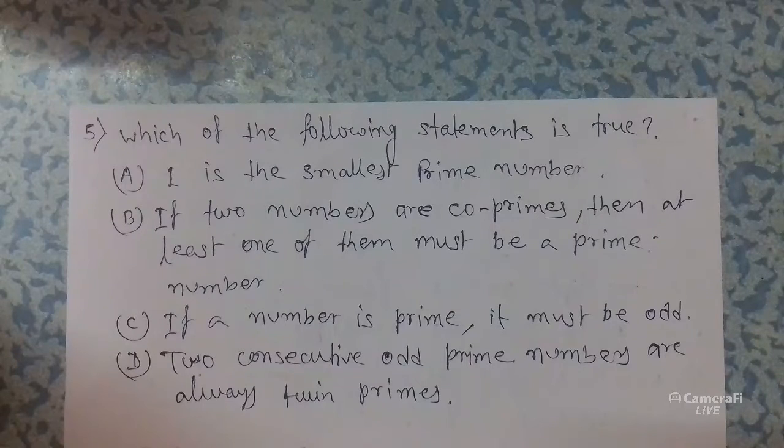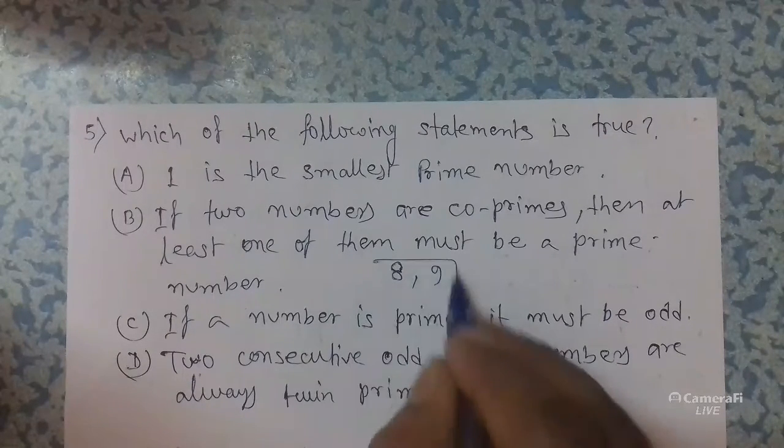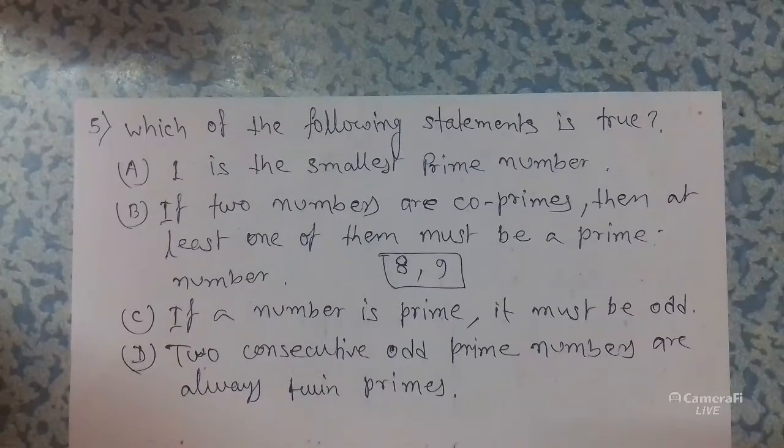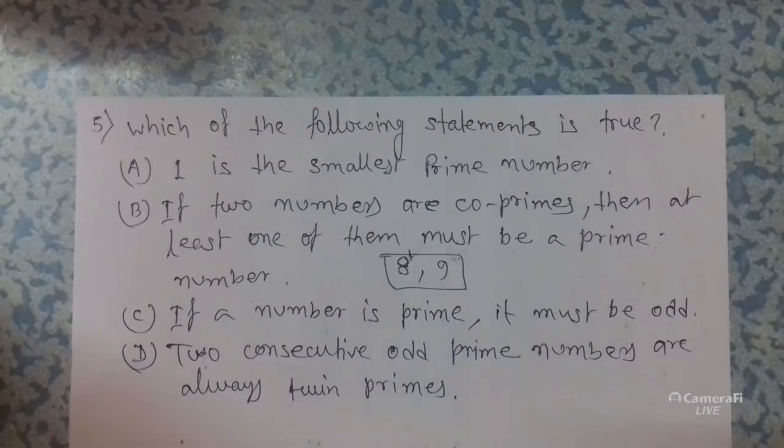Let's check option B. Option B is, if two numbers are co-primes, then at least one of them must be a prime number. It is also wrong, because 8 and 9, these two numbers are co-primes, but 8 and 9 both are not prime numbers.